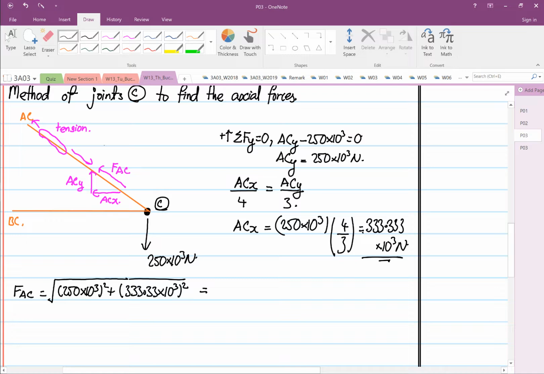Okay, so the square root of the whole thing is equal to 416.667 times 10 to the power 3 Newton. So from here we know the analysis that member AC is under tension.